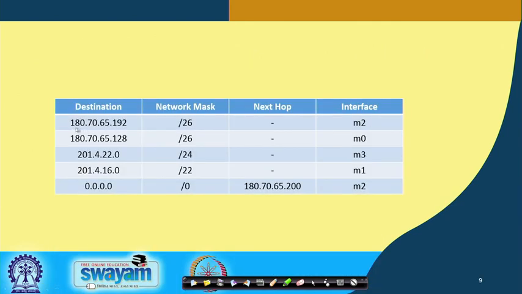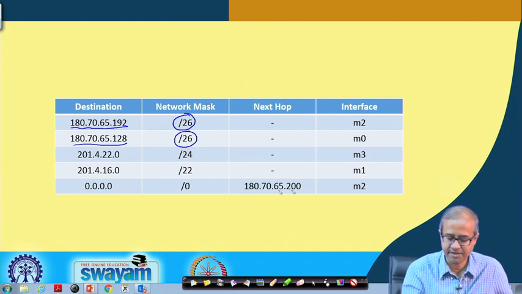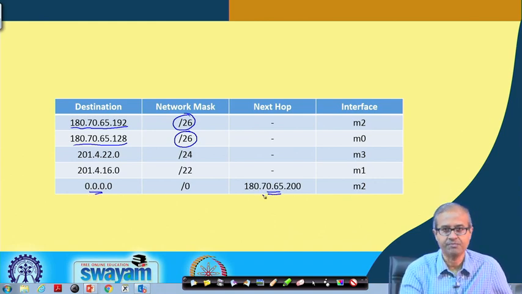For the first network, connected to M2, if you recall, there are 26 bits of the address. So, it is /26 and this is the network address. Through M0 also there is 26 bits like this, M3, M1 and finally, M2 is the default which will be sending it to the external router.